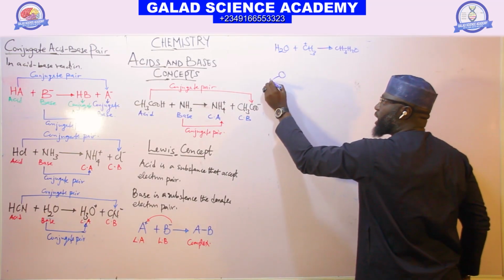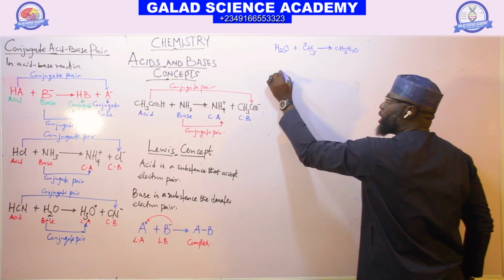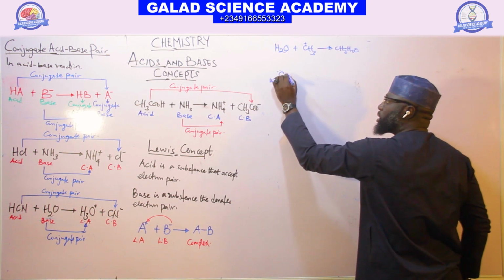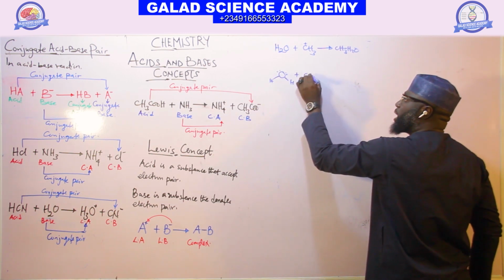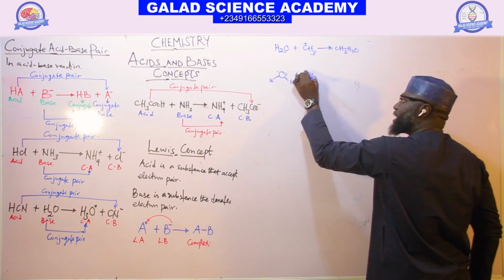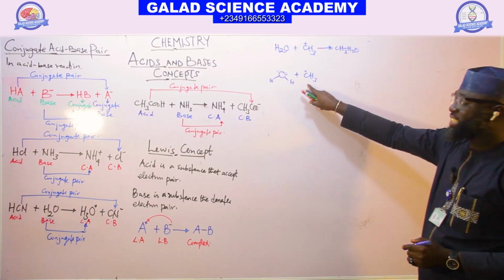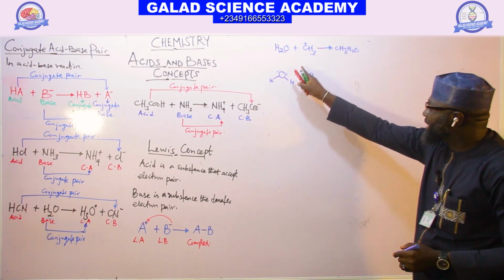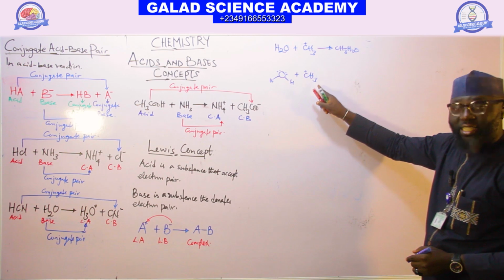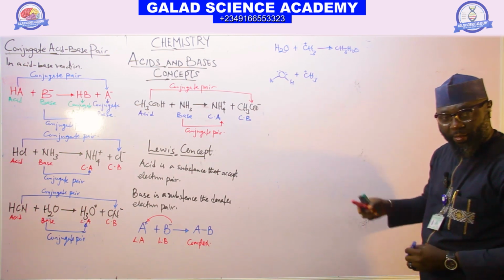We have water with lone pair. This CH3+ is a carbocation, an electron deficient compound. This one needs electrons. It is an electrophile.